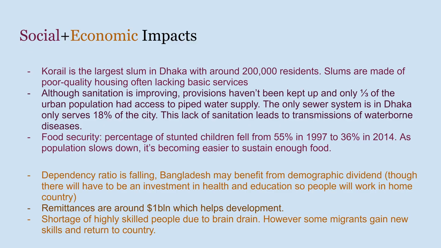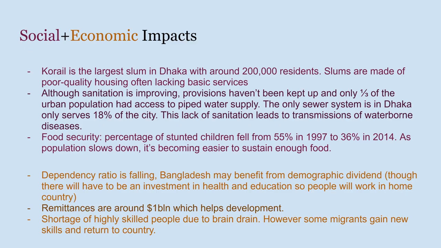Although sanitation is improving, provisions haven't been kept up, and only a third of the urban population have access to piped water supply. The only sewer system is in Dhaka and only serves 18% of the city. This lack of sanitation leads to transmission of waterborne diseases such as cholera.